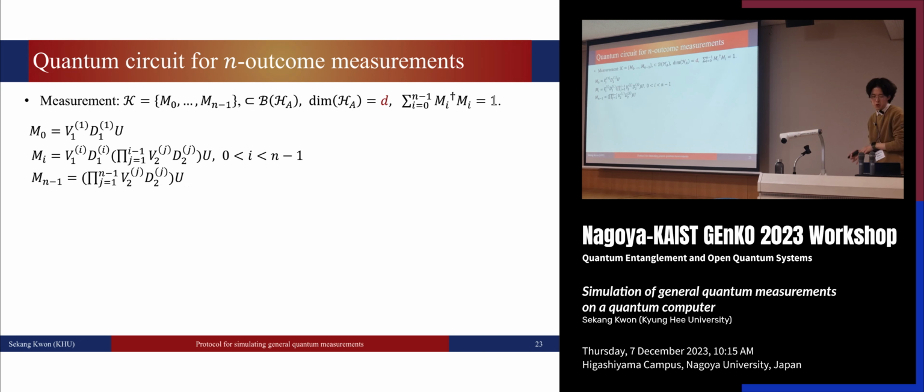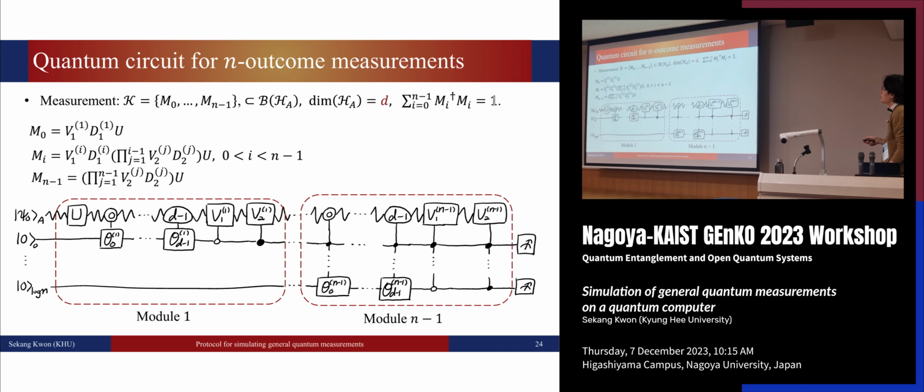So let's make a quantum circuit. We have this measurement operator decomposition, and the quantum circuit is here.